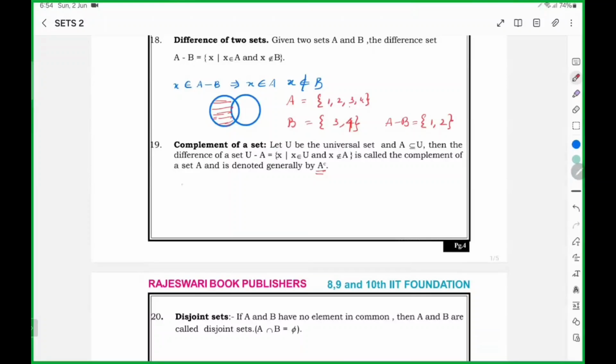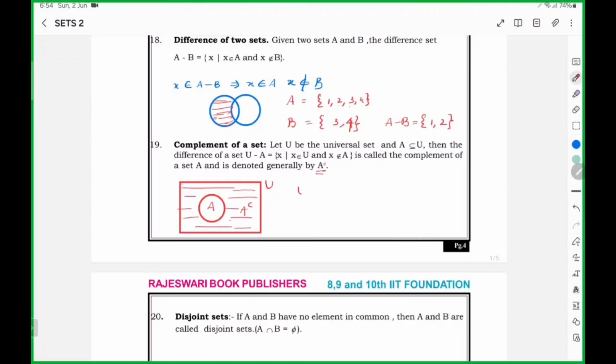If you take, for example, this as universal set U, and this as A, A complement means outside A, the shaded part.